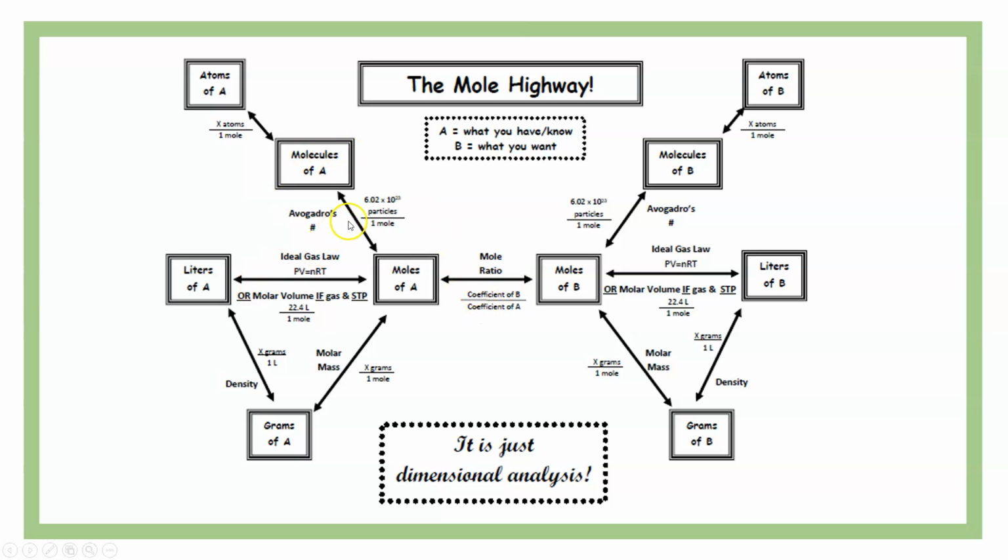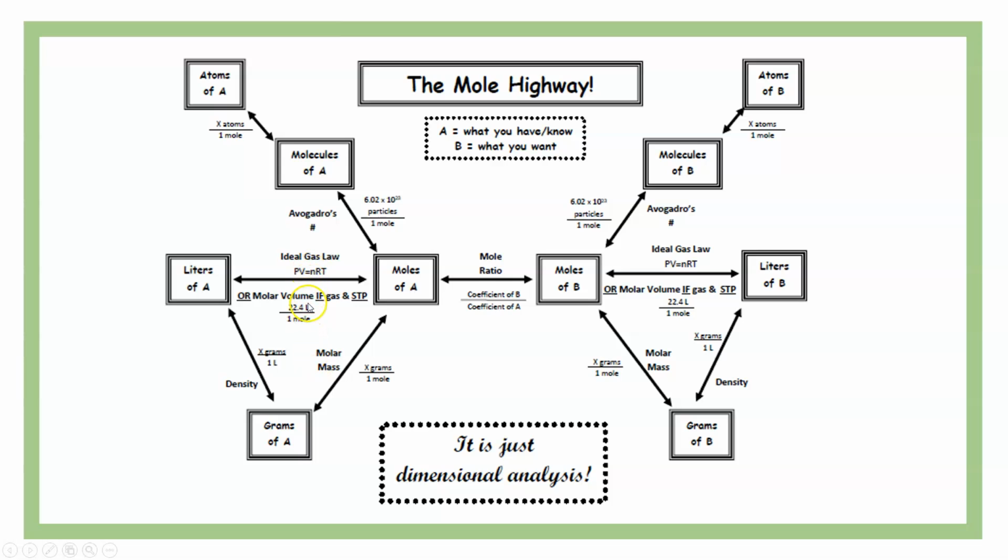So you can see along the arrows, I told you what the conversion factor is. For example, grams to moles is molar mass, which will be a certain number of grams over 1 mole. Molecules to moles is Avogadro's number. You can see here 6.02 times 10 to the 23rd particles per mole, just like we've always done.